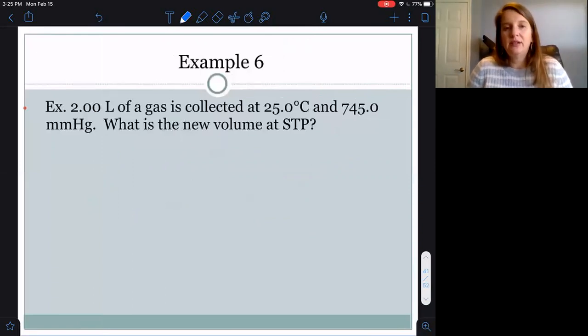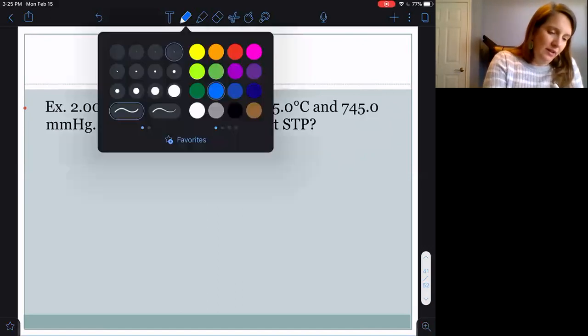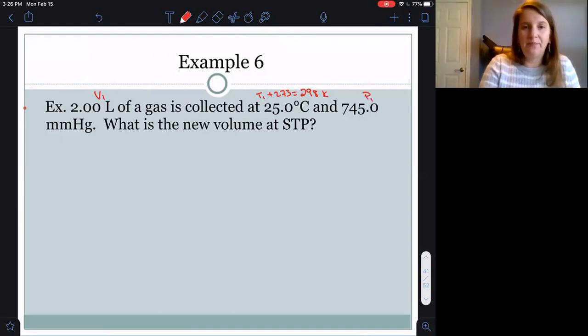Example 6, 2 liters of a gas is collected at 25 degrees Celsius and 745.0 mmHg. What's the new volume at STP? So I've got my V1, I have my T1, but remember I want to add 273 because I have to get this into Kelvin. And then mmHg is a pressure unit, so that's P1.